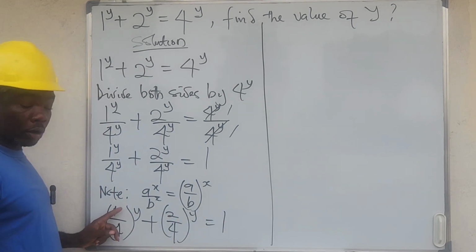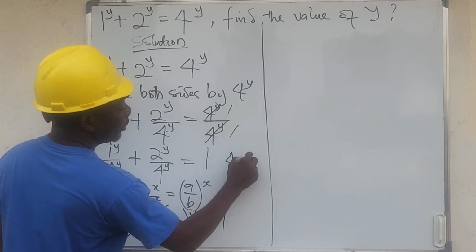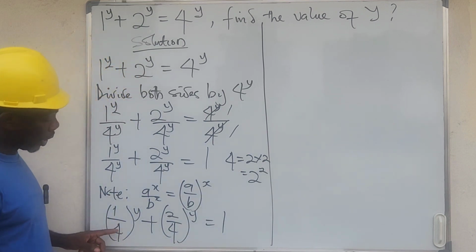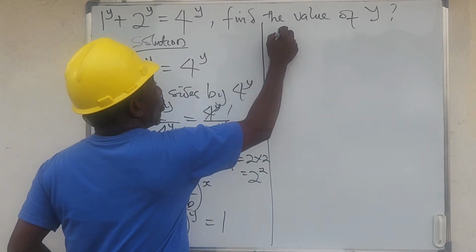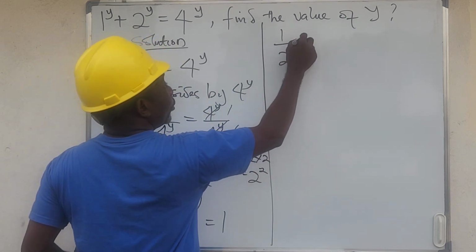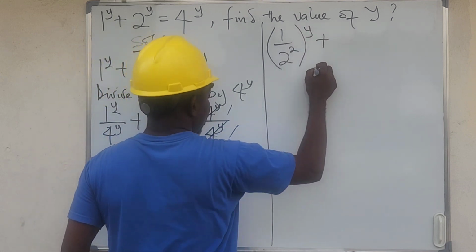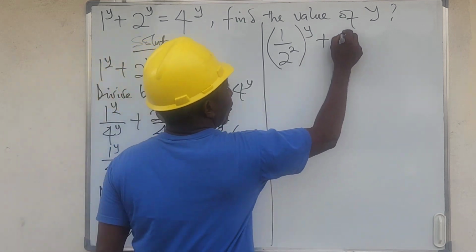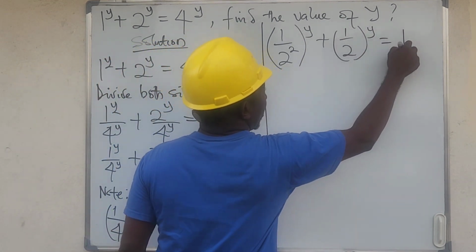Here we have 1 over 4, and 4 is the same as 2 times 2, which equals 2 raised to the power of 2, so we can substitute that. We have 1 over 2 raised to the power of 2, all to the power of y, plus 2 over 4, where the 2 cancels, giving 1 over 2 all raised to the power of y, equals 1.